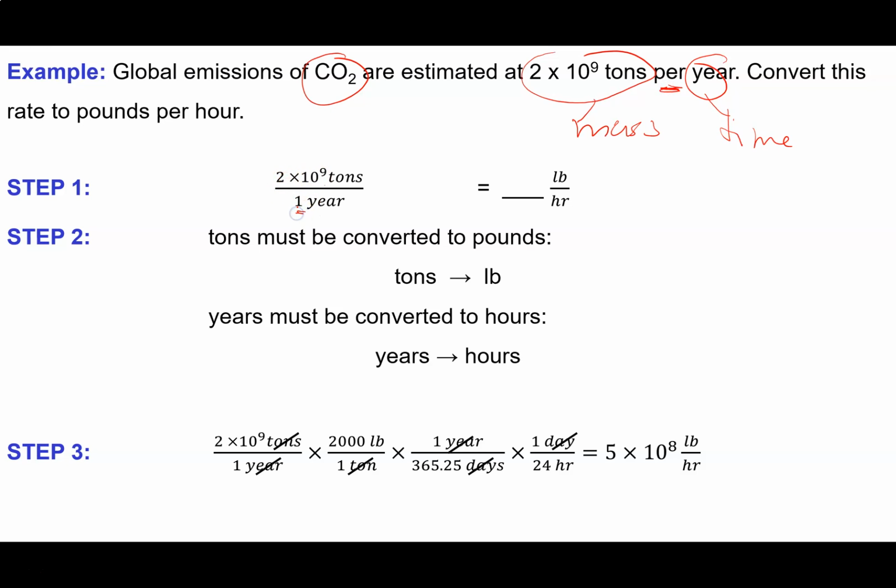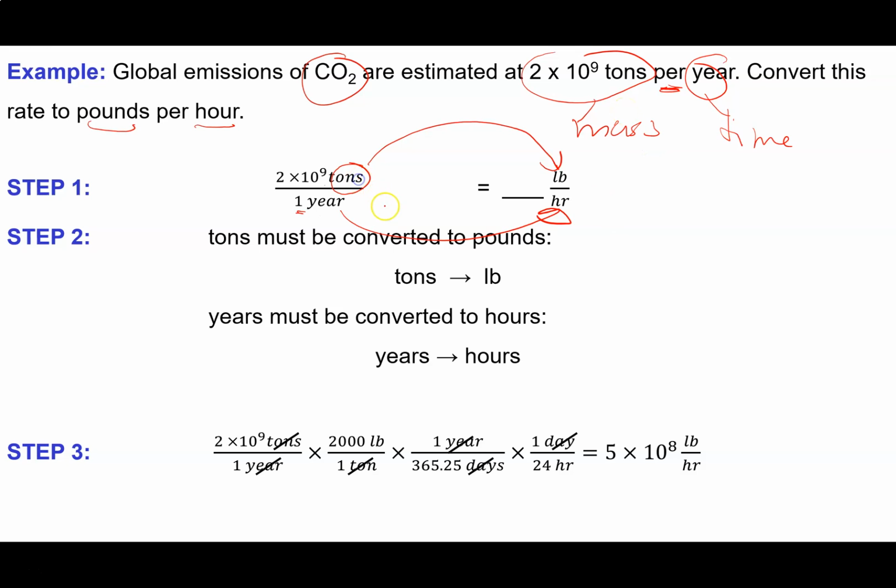It becomes over 1. And we want to turn this into pounds per hour. So tons is going to get turned into pounds, and years are going to get turned into hours.